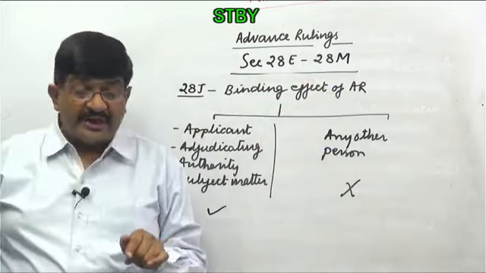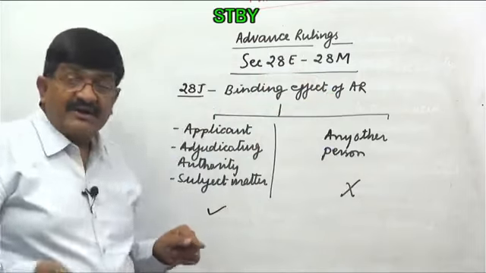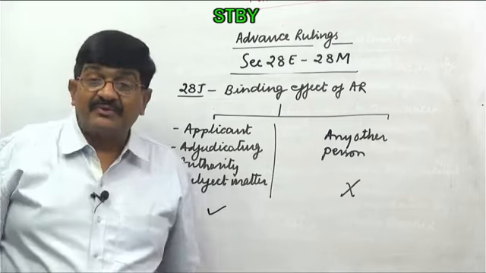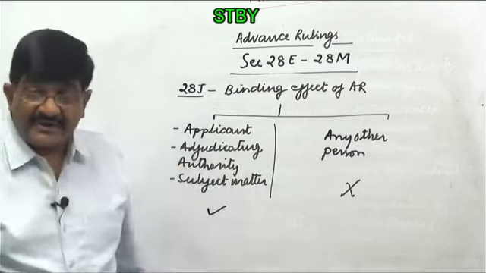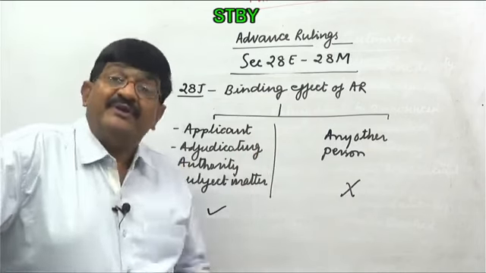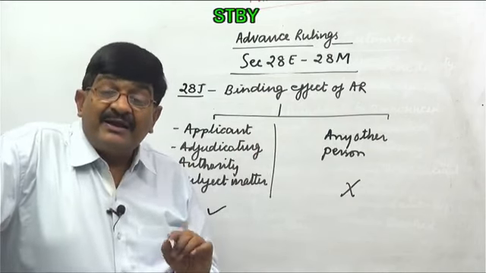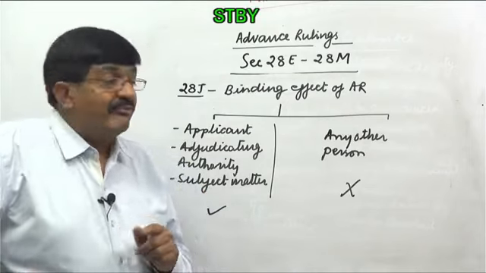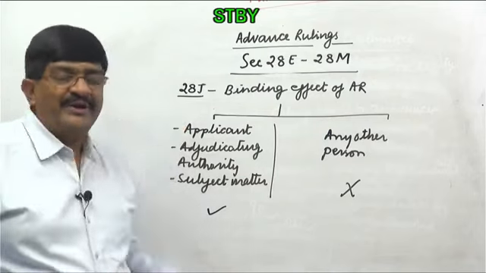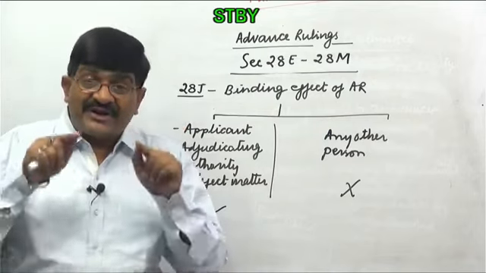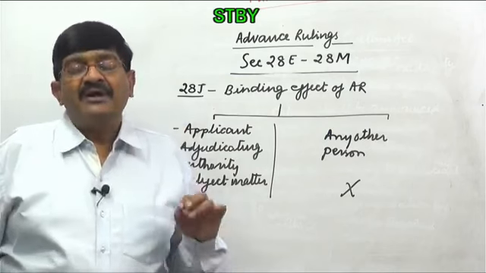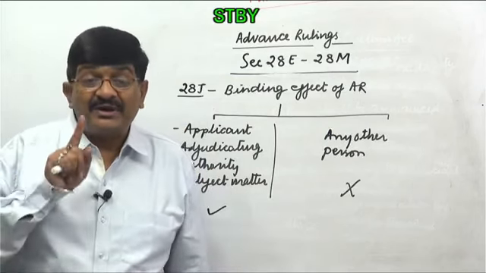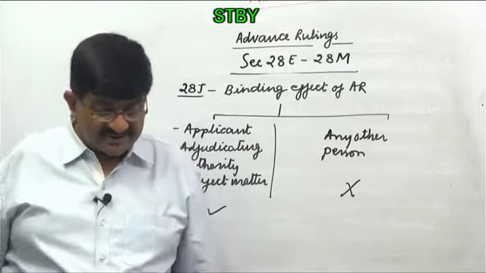So your question can be that as long as binding effect is there, the adjudicating authority is also bound by the advance ruling. Correct. What will happen in case of another person? I say no binding. It means the adjudicating authority can change the opinion for another person. Yes, it can. But practically, adjudicating authority will not change in the similar circumstances, because he will have the support of this advance ruling. Outsider cannot claim the benefit of advance ruling, but 99.99% the decision will remain same there. Don't write it anywhere. It is only for your understanding.